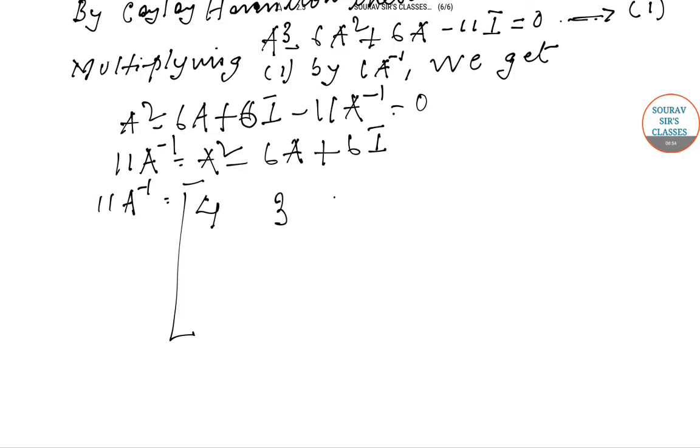4 3 1, then 2 1 minus 2, and 1 2 1. So you can write it like this.